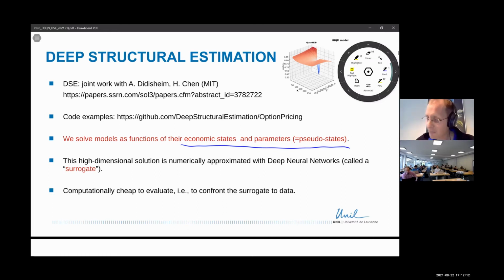And then we have something that, in the engineering literature, is called a surrogate. That means you have the model solved for all combinations of states and parameters. So thereafter, you can directly estimate the model because it's dirt cheap to evaluate it. It's just an interpolation in the end of the day. So you can generate moments on the fly, you name any quantity of interest. This really makes it quite operational to confront complex models to data, even if these models have a lot of parameters.